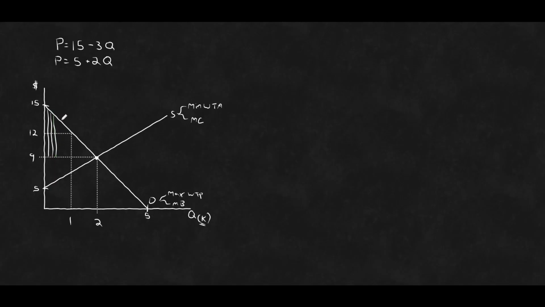What they were willing to pay versus what they have to pay, all the way down and through here, such that if we were to keep doing that for every possible tiny amount of Q that could be bought or sold, all the way until what they were willing to pay was exactly that market clearing price, we would get all of the surplus, all of the benefit that accrues to the consumer through the fact that they got to pay less for those first 2,000 units than they were willing to.